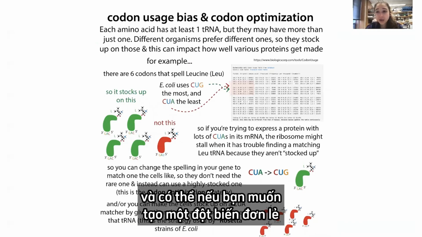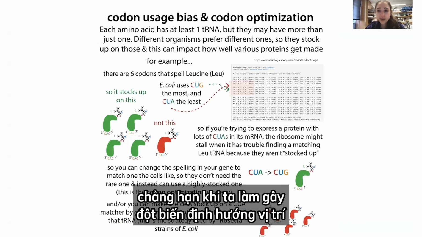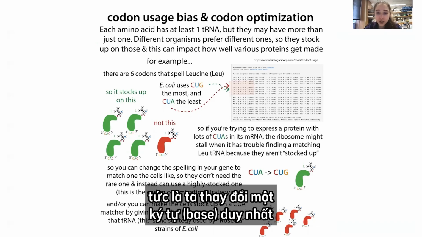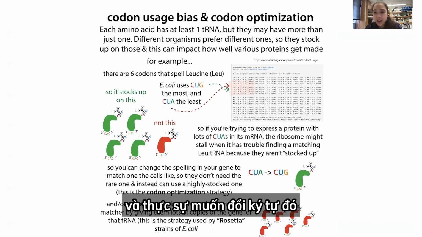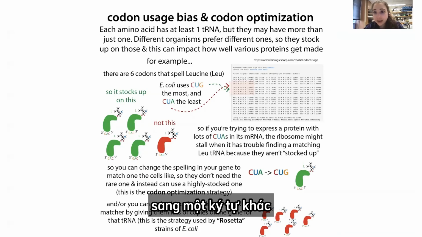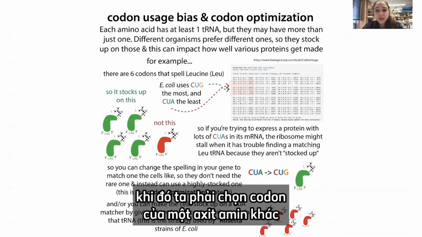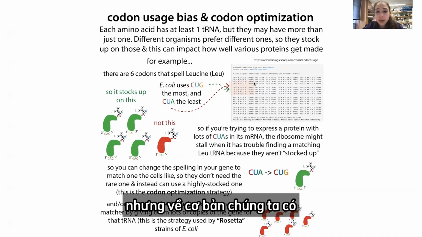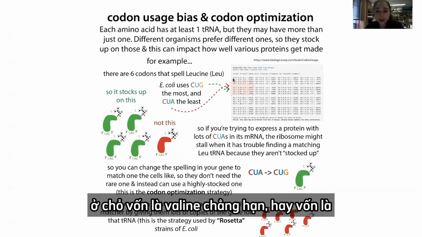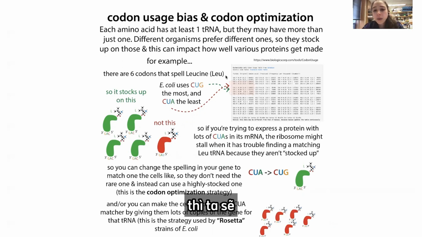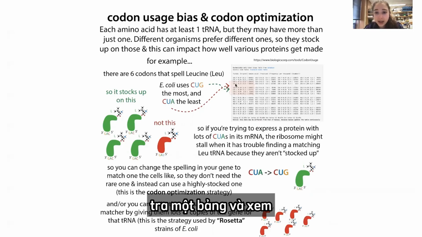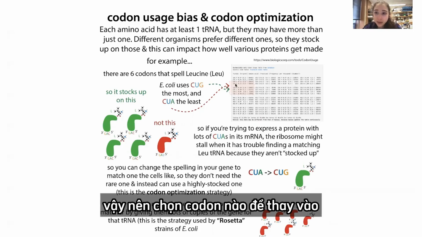Maybe you want to make a single mutation, like sometimes when we're doing site-directed mutagenesis, changing a single letter, where we want to change the protein letter, making an amino acid substitution. In that case, we need to go to a codon for a different amino acid. If we wanted to introduce a leucine where there was normally a valine, or something else, we could go to a table and see which codon would be best to put in.